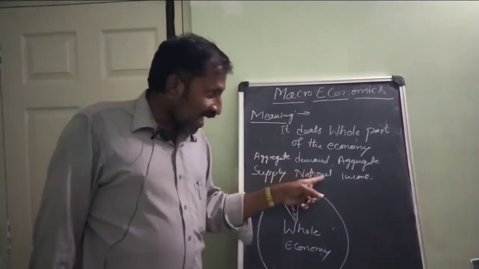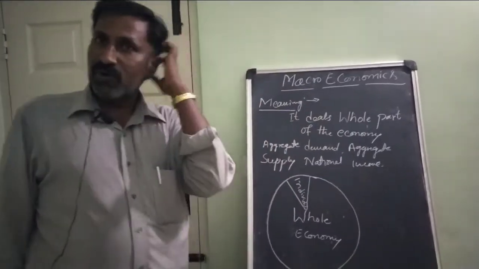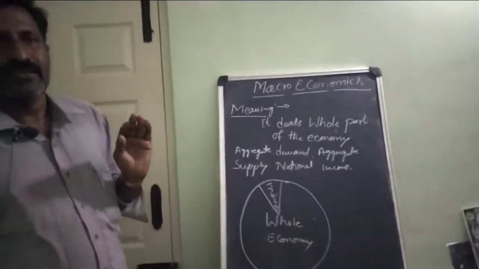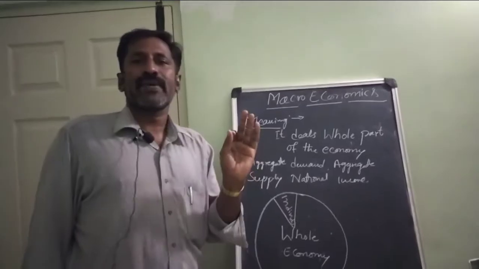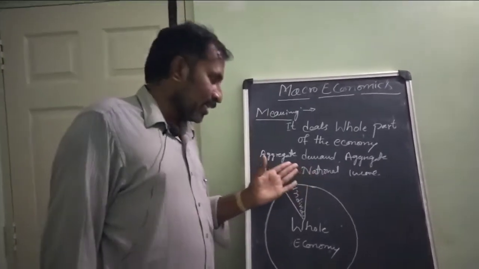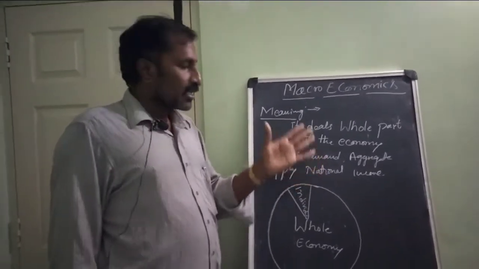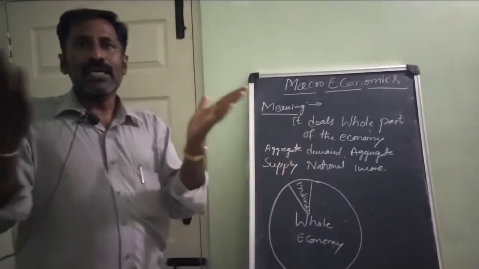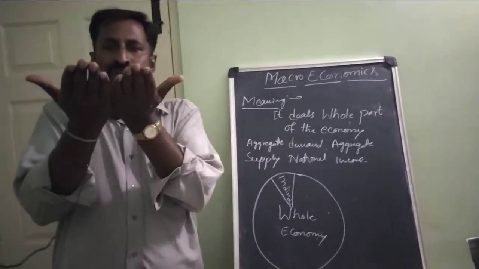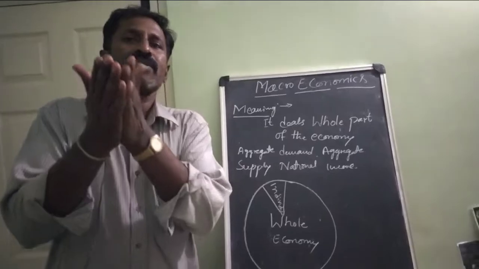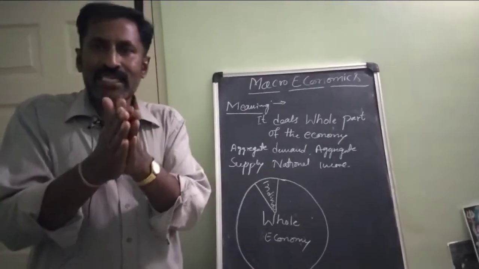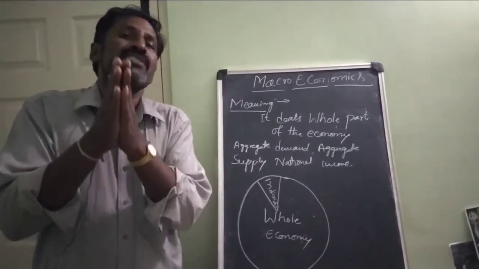And then national income. Micro considers only the individual's personal income or per capita income. But national income is the total value of final goods and services of agriculture, industry and service sector.